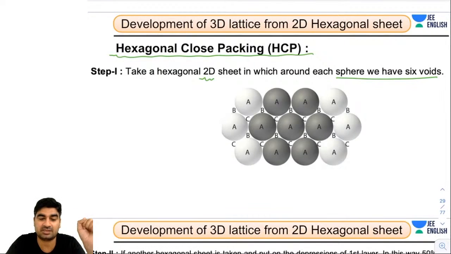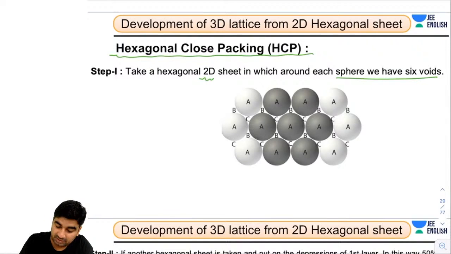Now guys, it is easy to understand using these images, but these images would not be helpful when you will be revising them. If you are making notes, then it would be better that you make these spheres by hand.